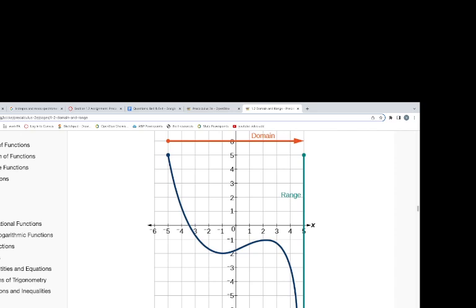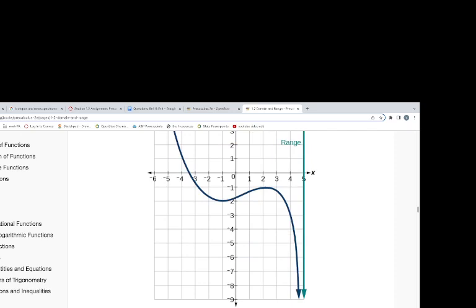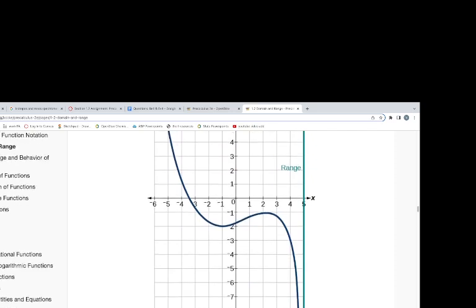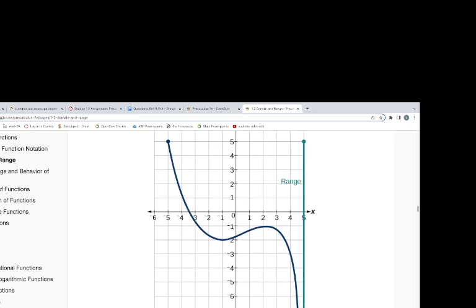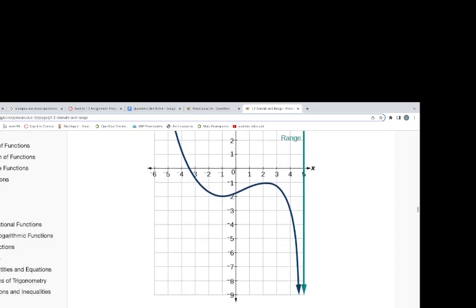So we know that the y values, which are our output values or our range, can be less than 5 because the graph continues to go down the y-axis without an end. For the x values, we aren't sure where they stop, but we do know where it starts. So it would be negative infinity to 5 for the range.